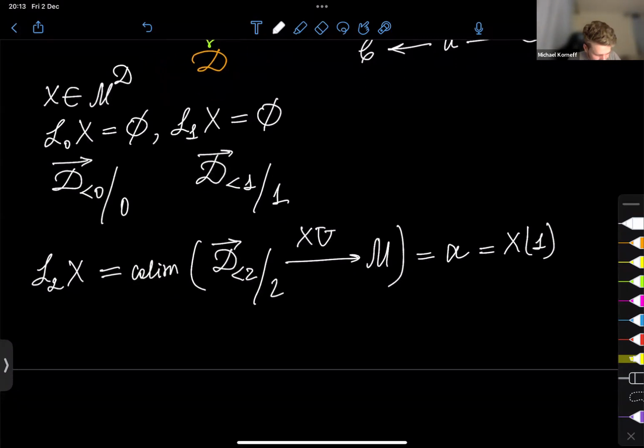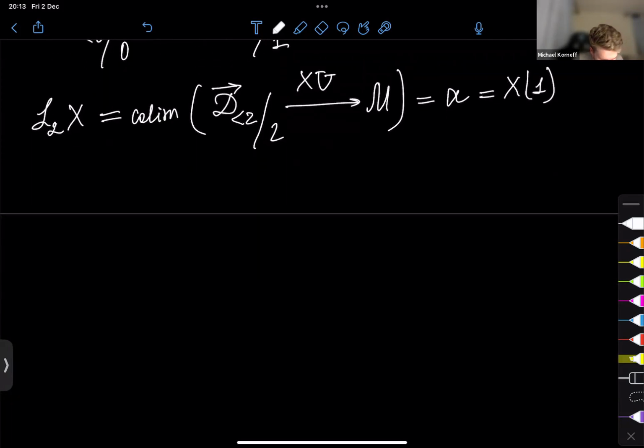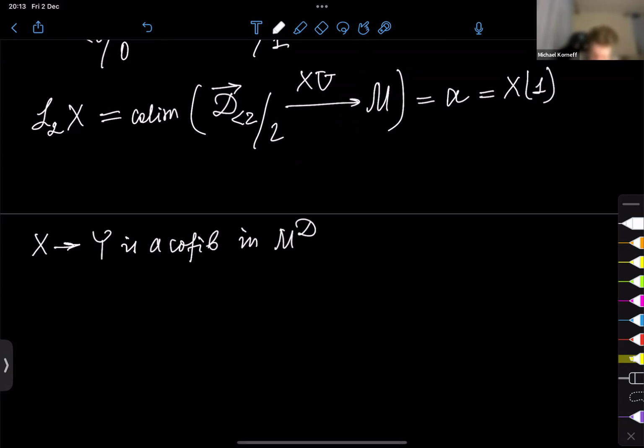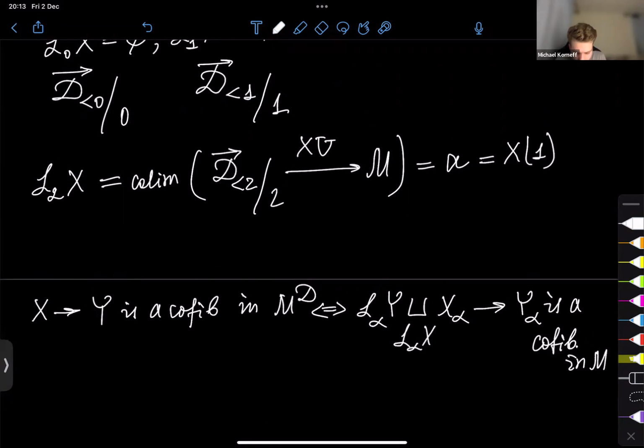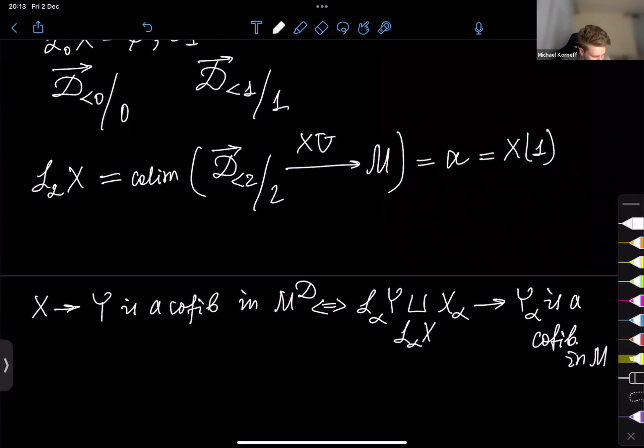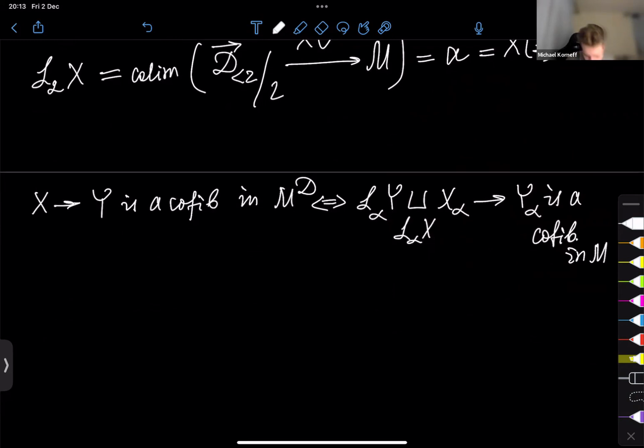Okay, so we know that the map between two diagrams is a cofibration in the Reedy category of the diagrams if and only if the relative latching map is a cofibration in M. In our case, we can take X to be an initial object.